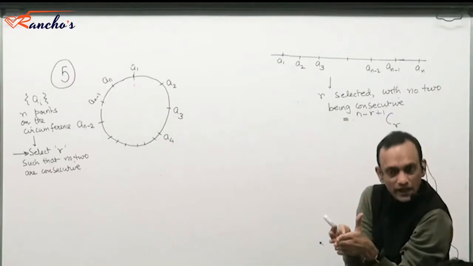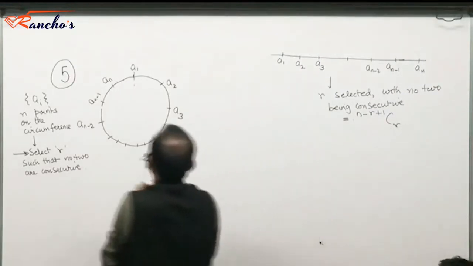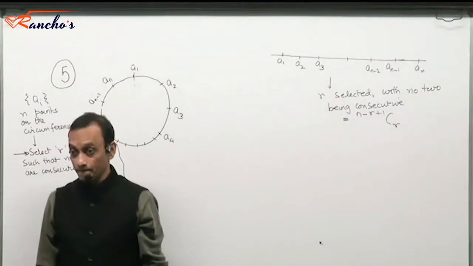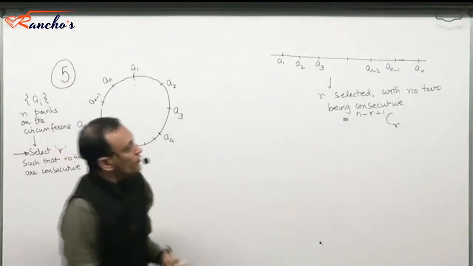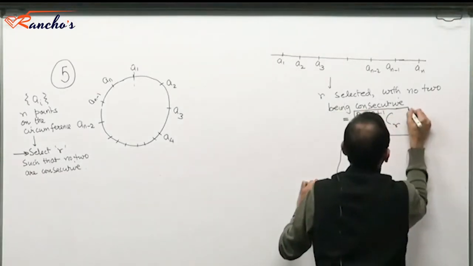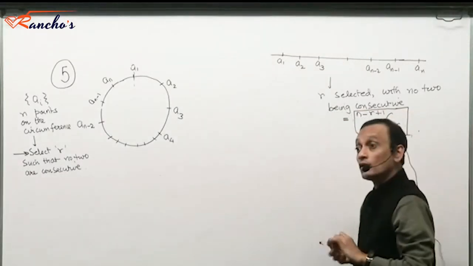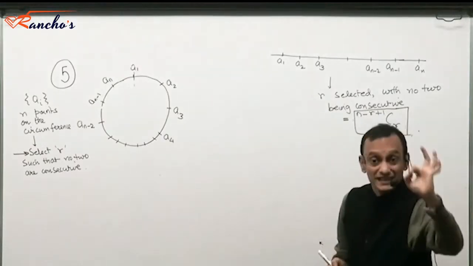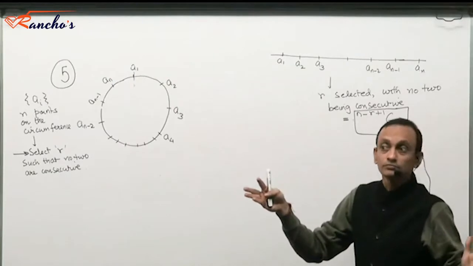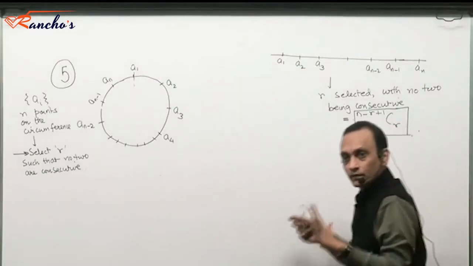They were not neighboring entities. But in this case, A1 and AN can't be simultaneously selected, right? Yes or no? So when I carry this count, n minus R plus 1 C R, this includes cases in which A1 and AN could have been simultaneously selected, yes or no? You know what I'm saying?